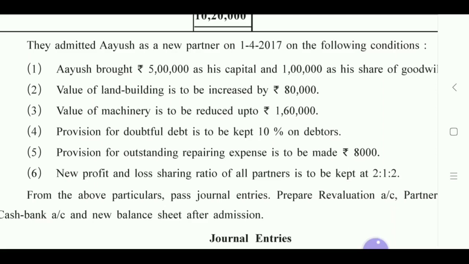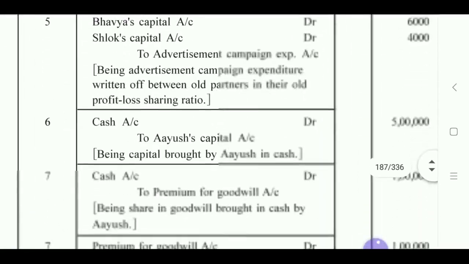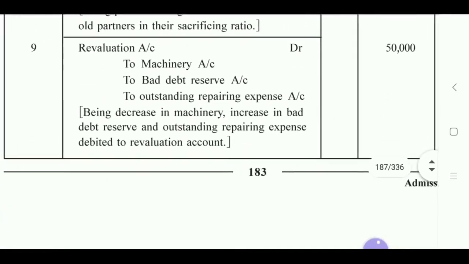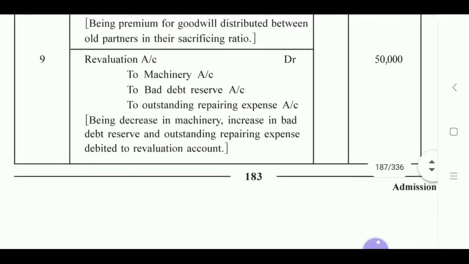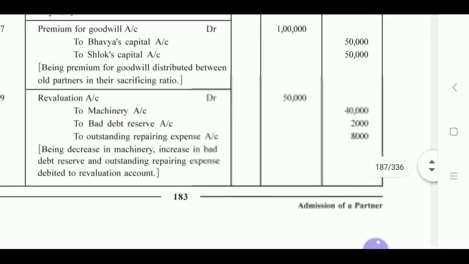Still, if you don't understand, please go through that concept. Other than that, it is difficult for you to understand. So let us check the journal entry. Again, in this journal entry, revaluation account is debited, and hence this becomes part of the combined journal entry. Revaluation account debit 8,000 to outstanding repairing expense account 8,000.